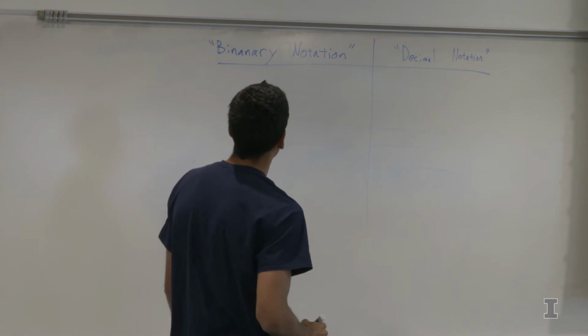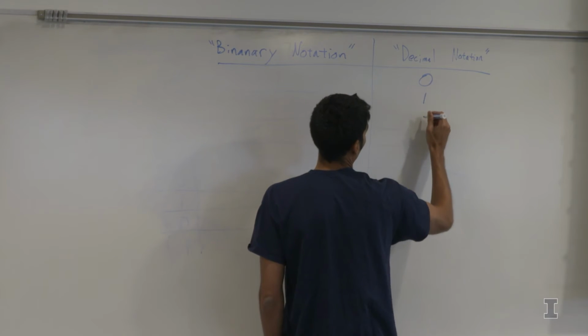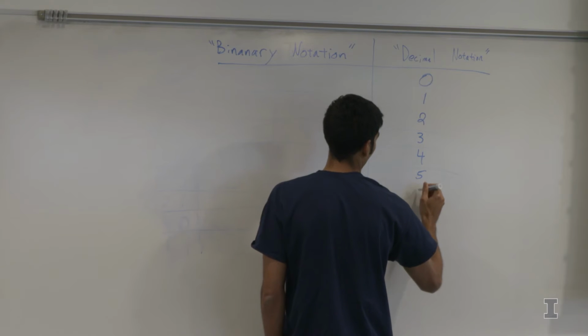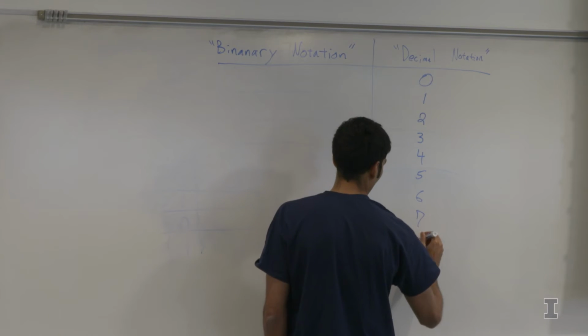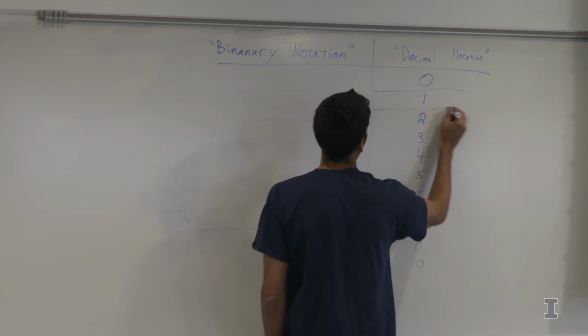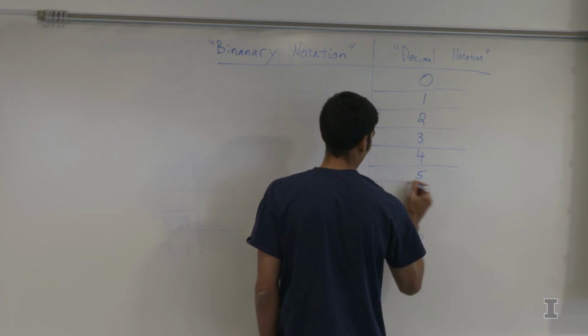Okay. So we have numbers 0, 1, 2, 3, 4, 5, 6, 7, 8, 9. All right, these are the building blocks of our decimal notation.